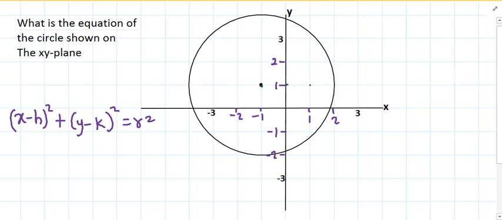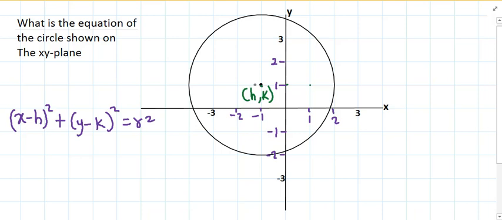So this is actually the center of the circle, and the center of the circle is known as what? h comma k is one thing I want you to know. So right here, what is our h comma k? The h is the x coordinate, and k is the y coordinate.